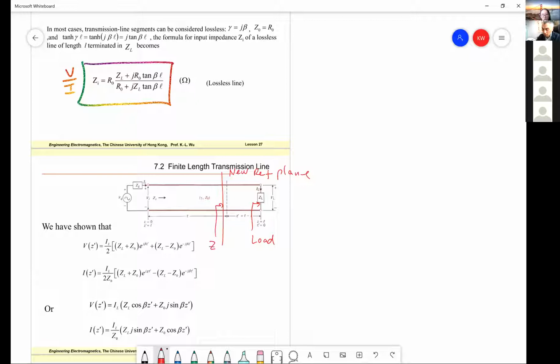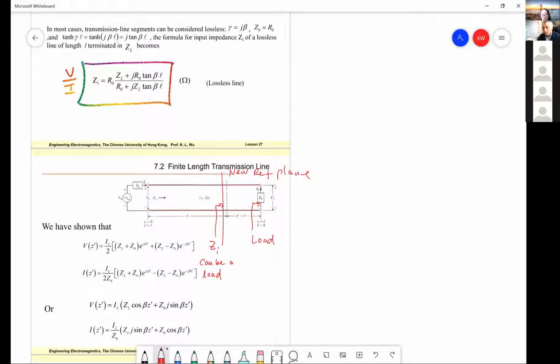you can find impedance. This also can be a load, looking toward the load side. Toward the load side, this is also a load.